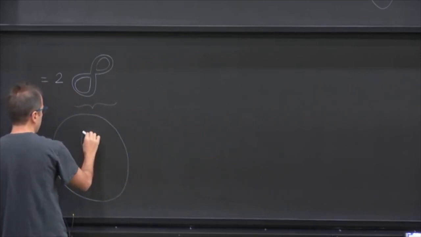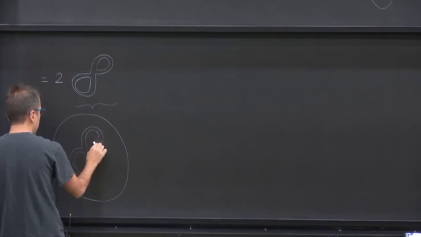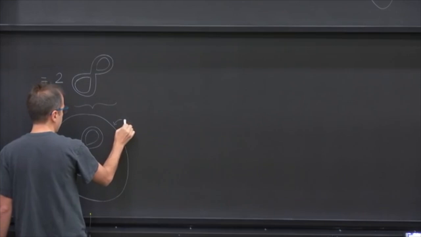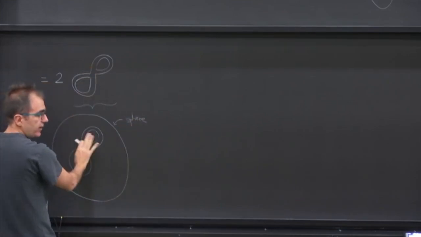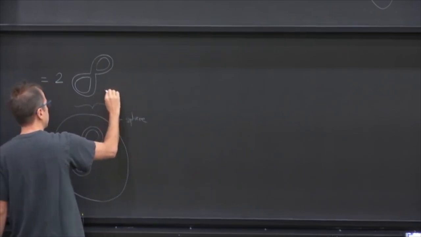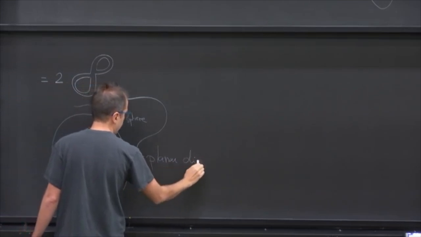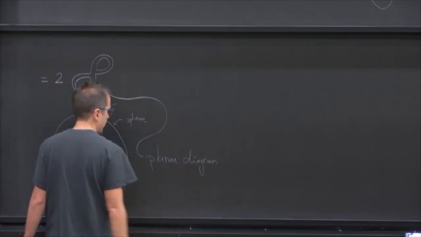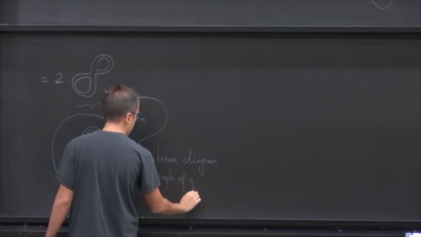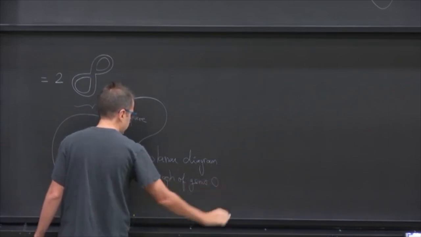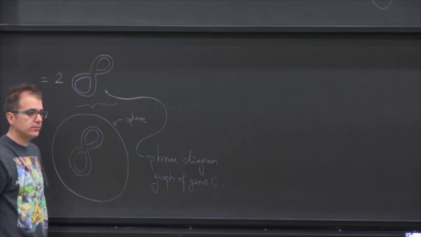I can put a sphere, and I just draw it here on the face of my sphere, on the plane. This is just a sphere. And because I can draw it on the plane or on the sphere, this diagram is called a planar diagram. We can also say it's a graph of genus 0. The graph I can put on this sphere which has no genus.